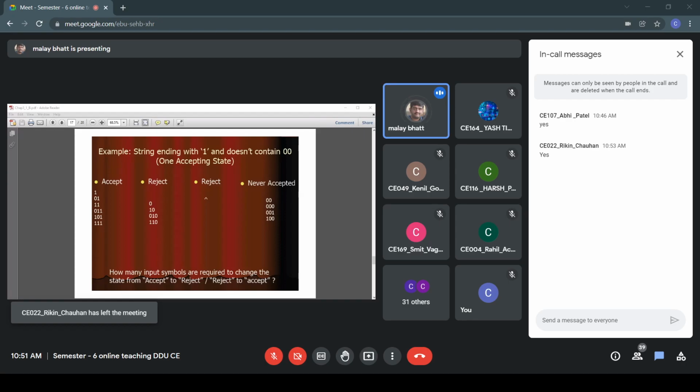So that's why we have 2 different scenarios from state 0. Is this clear? Can we proceed? Any query in this?